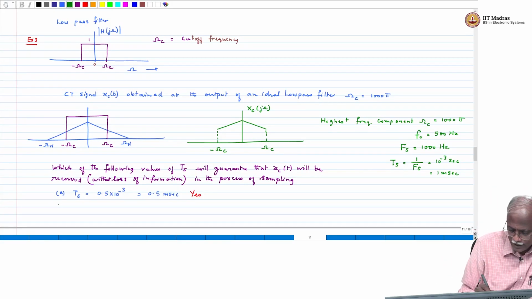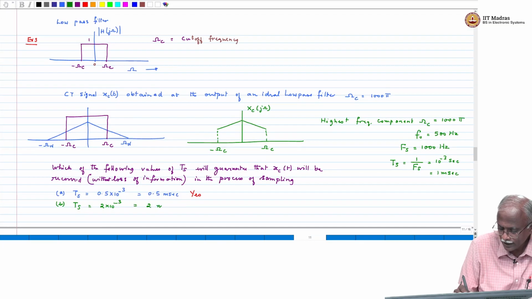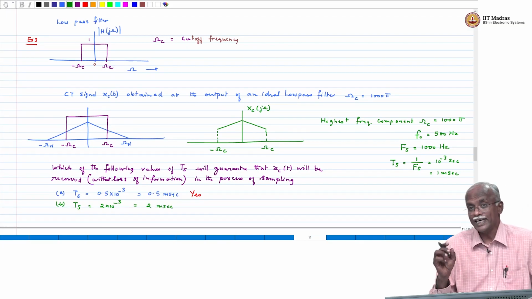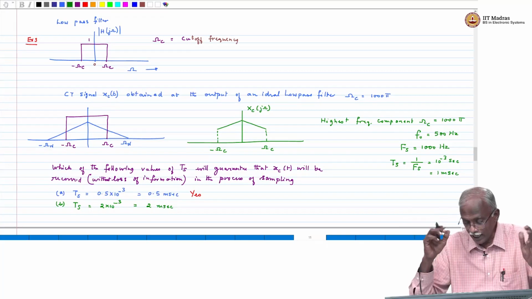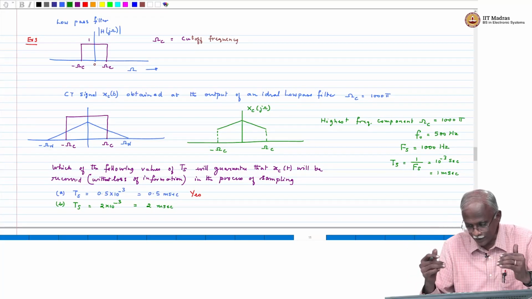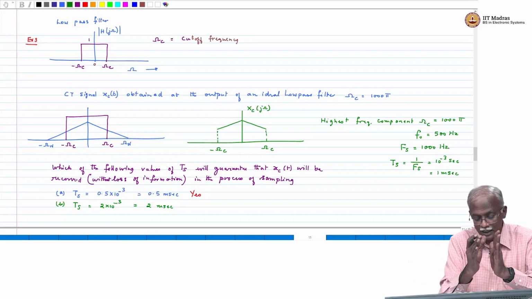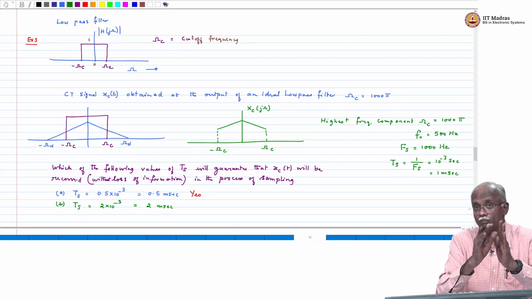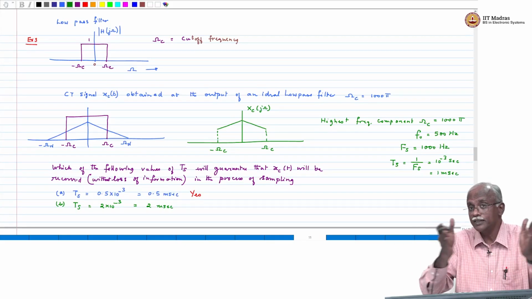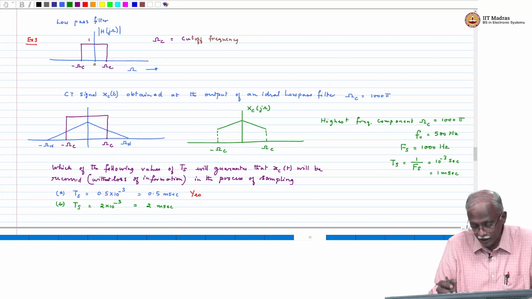Let us take a second case. Ts is equal to 2 times 10 to the power minus 3, that is 2 milliseconds. The Nyquist frequency is 1 kilohertz and the Nyquist period is 1 millisecond. 2 milliseconds is far larger than the Nyquist condition allows.